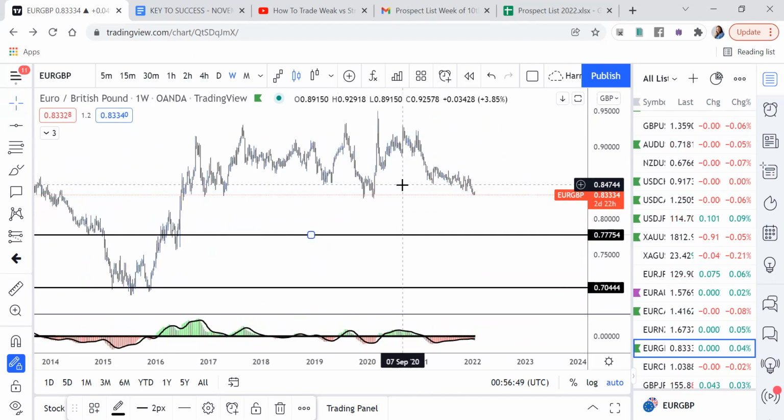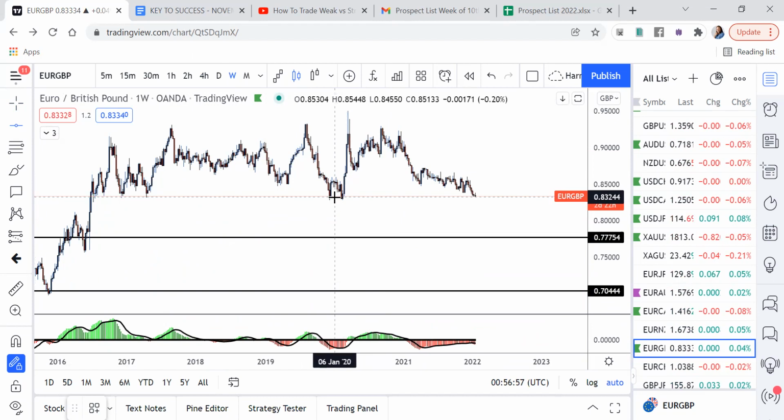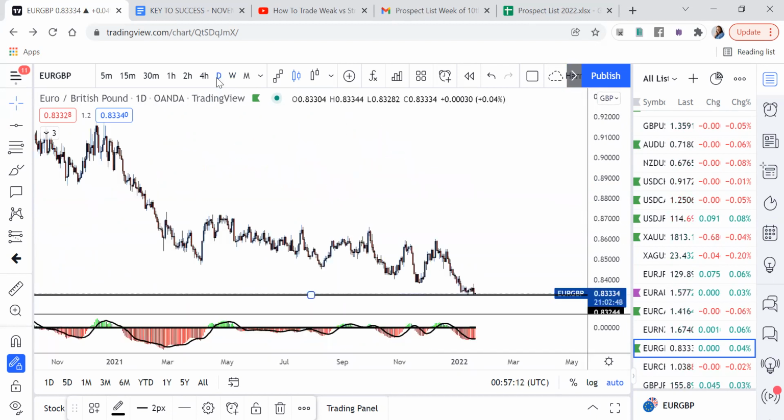All right, so everybody could see that we're currently at weekly structure. This is why I went up to the weekly time frame, because I noticed that the euro's breaking a very strong structure, which is a weekly structure.